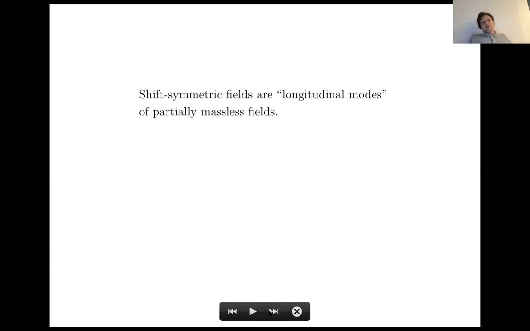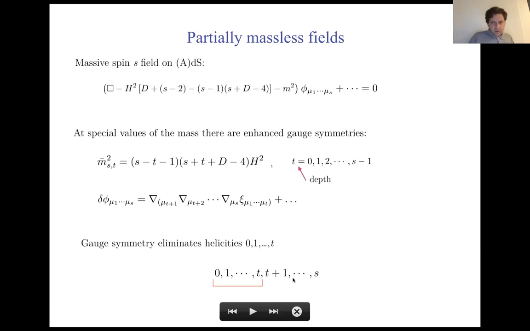Okay, so we can understand the existence of these shift symmetric fields as essentially being there because they're longitudinal modes of partially massless fields on the de Sitter space. Just to review what partially massless fields are: if I have a massive spin S field on de Sitter, it satisfies this equation. At special values of the mass, there are going to be enhanced gauge symmetries.